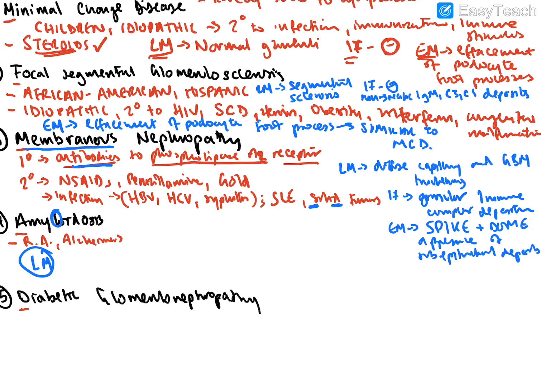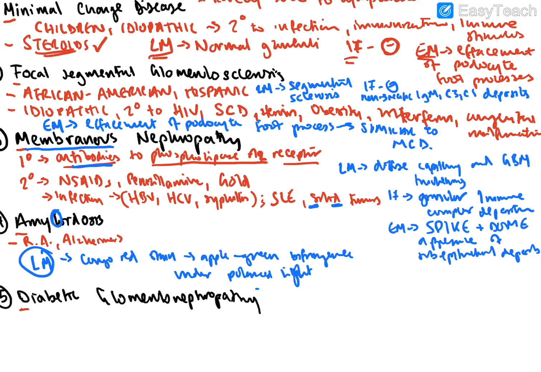Only light microscopy findings, where you will see Congo red stain would show apple green birefringence under polarized light. You would have amyloid protein deposition in the mesangium.